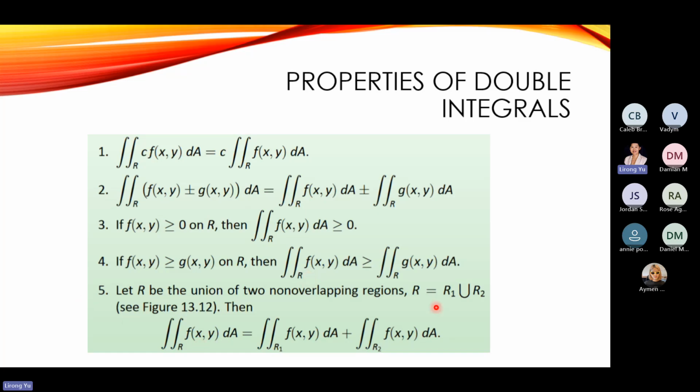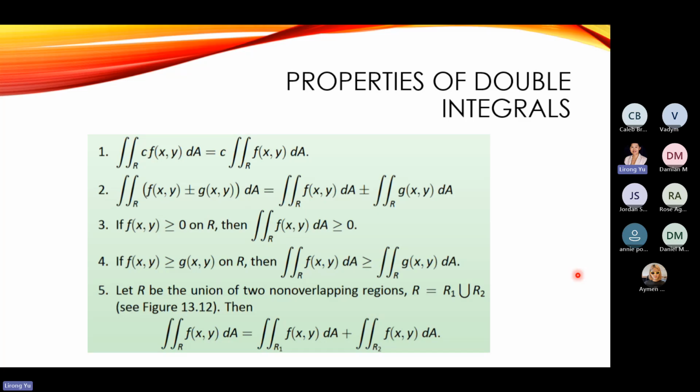Number 5 says if the integration region can be partitioned into two parts, then the integration can be calculated by the integration of the first part plus the integration of the second part, assuming these two regions are not overlapping partitions.